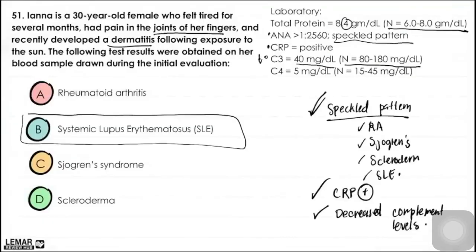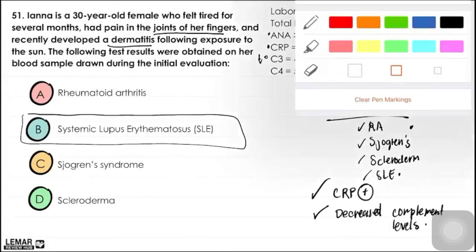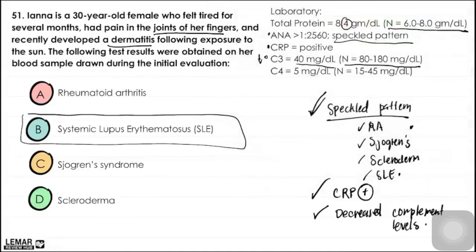C3 and C4 levels are typically depressed in SLE condition. Kay rheumatoid arthritis, itong mga complement na to, they are usually normal or increased due to acute phase reactivity. So number 51 po, the answer is letter B. It would highly suggest systemic lupus erythematosus.